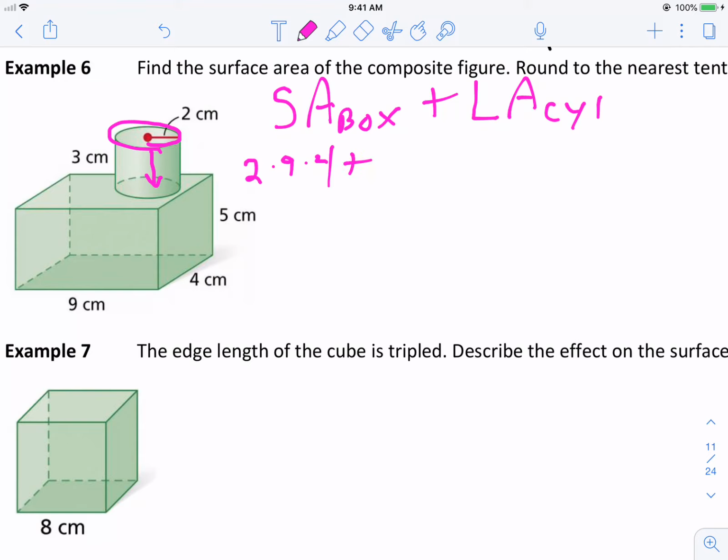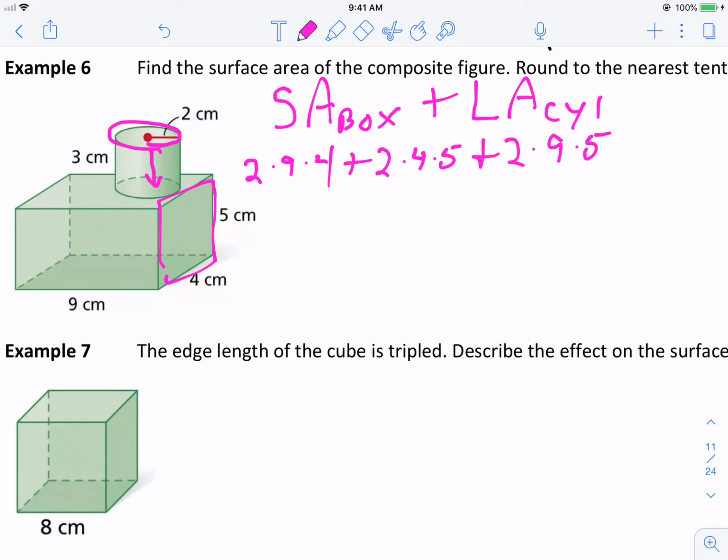Add on to that 2 times 4 times 5. That will take care of the right and the left sides. And then our last combination would be 2 times 9 times 5. That would take care of the front and the back faces.